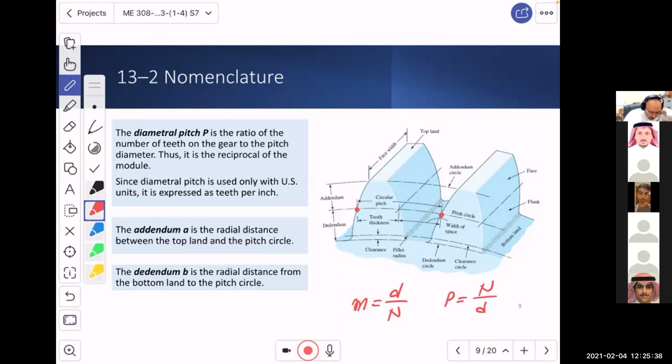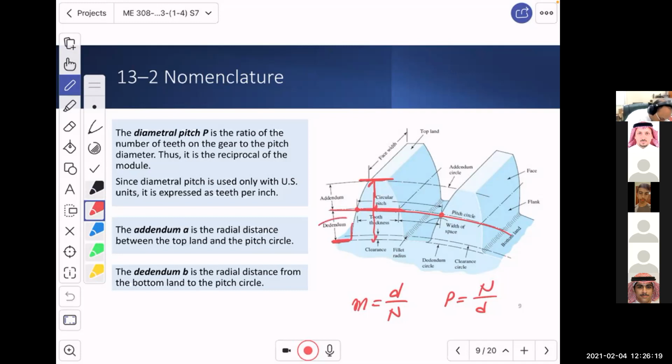We also have, if we cross this line and say that this is the pitch circle, then what is above it, from the pitch circle all the way to the tip of the gear, is called the addendum. I know it might be a very weird term. The next one is the distance from the pitch circle all the way to the root, the end of this cut over here, and this is called the dedendum.